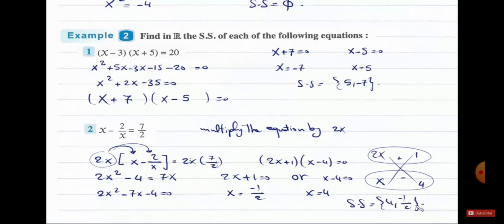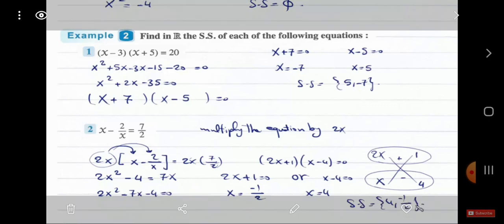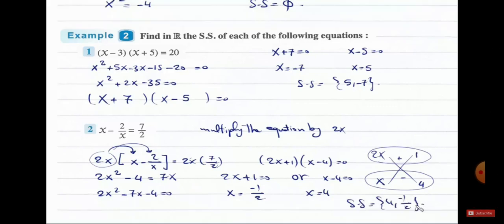Then 2x² and 7x go to the other side with the opposite sign: 2x² - 7x - 4 = 0. By factorizing by scissor, (2x + 1)(x - 4) = 0. Then 2x + 1 = 0, so x = -1/2, or x - 4 = 0, then x = 4. Then the SS equals {4, -1/2}.